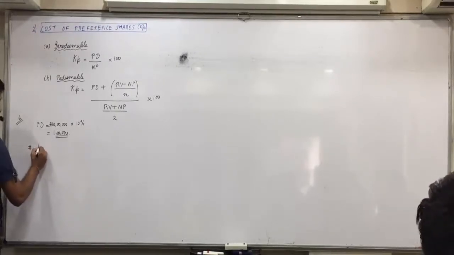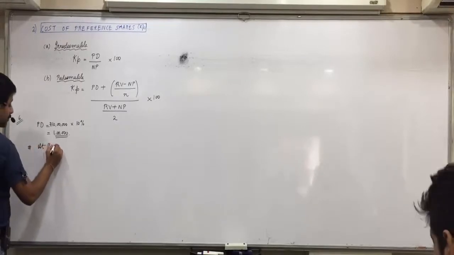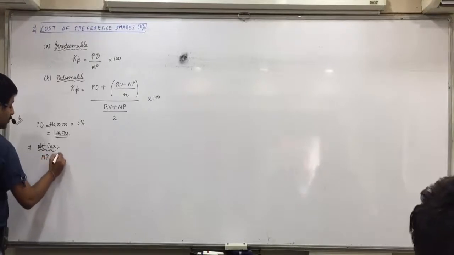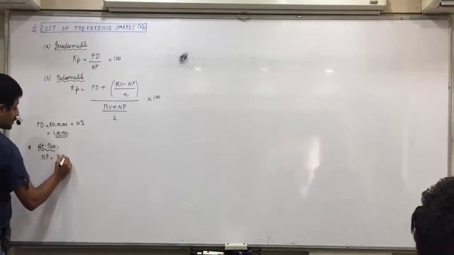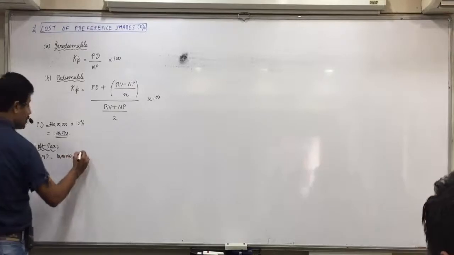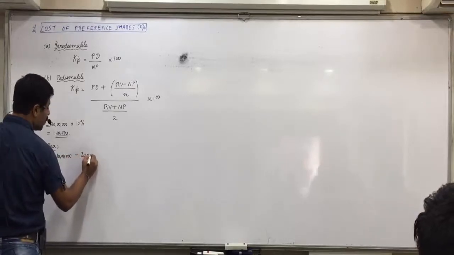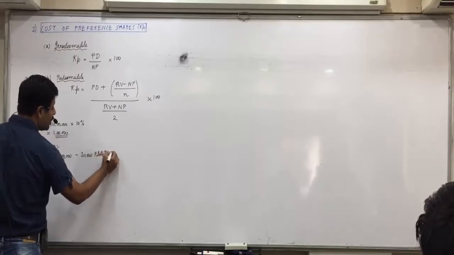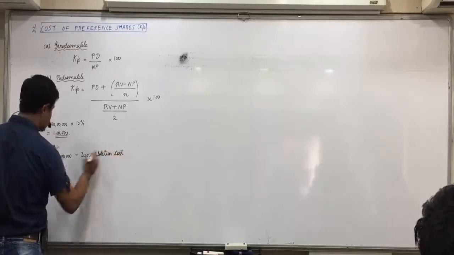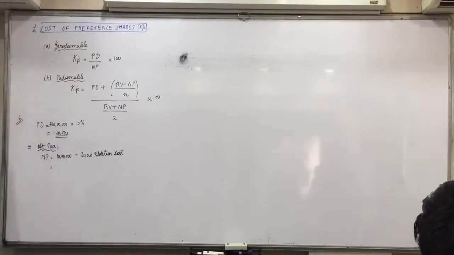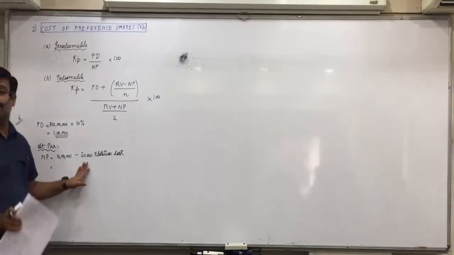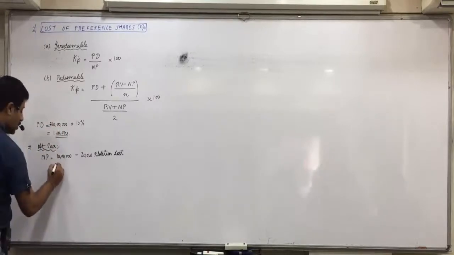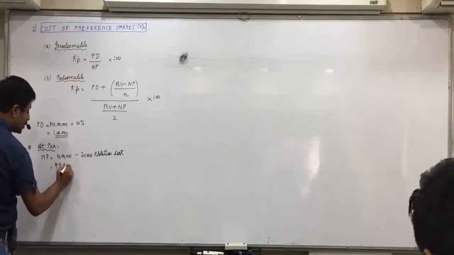Now, first, if they are issued at par, then net proceeds will be equal to 10 lakhs minus 20,000 of flotation cost. How did we get 20,000 of flotation cost? 10,000 shares into 2 rupees. So 9,80,000 will be the net proceeds.